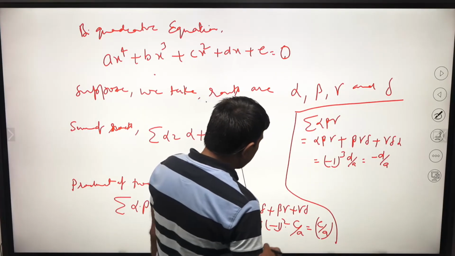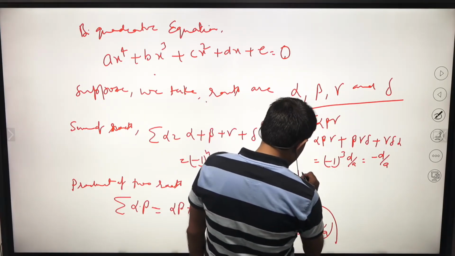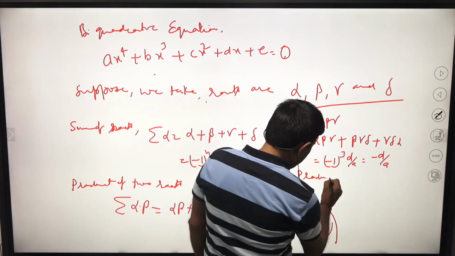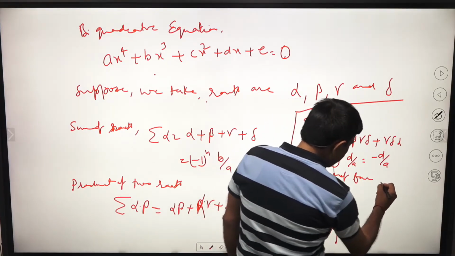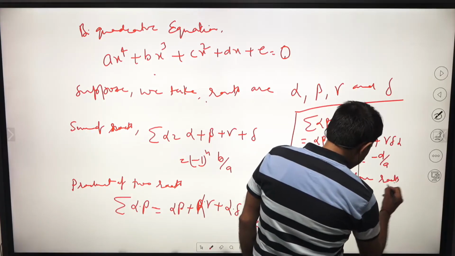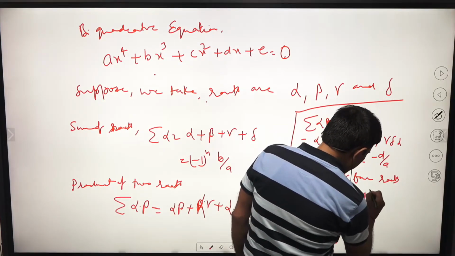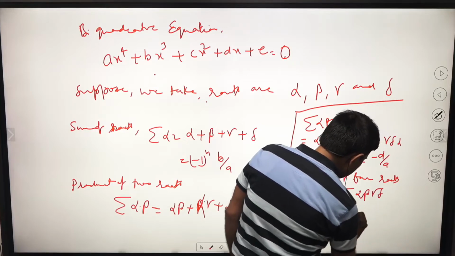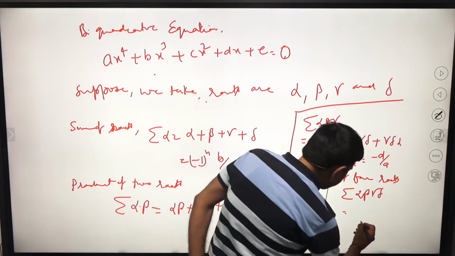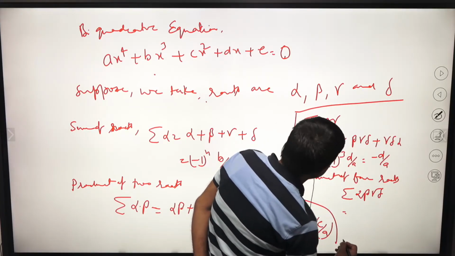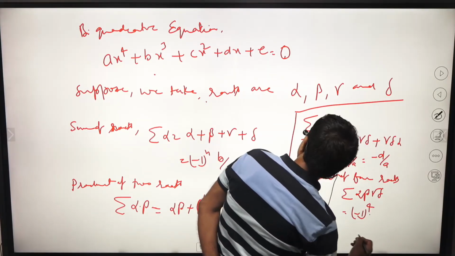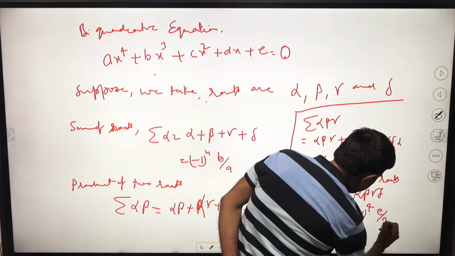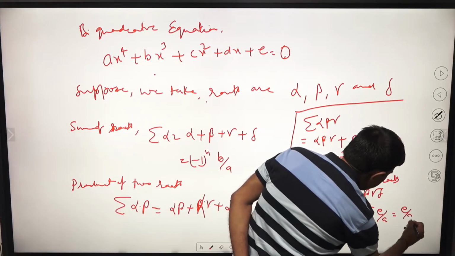Similarly the product of 4 roots, sigma alpha beta gamma delta, is the single term. That gives minus 1 raised to the power 4 into e by a, that is e by a.